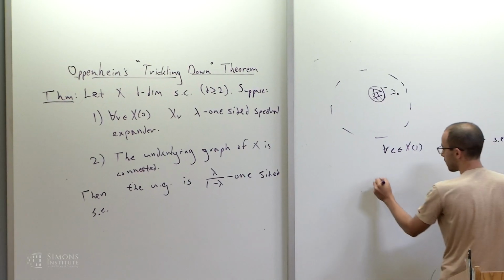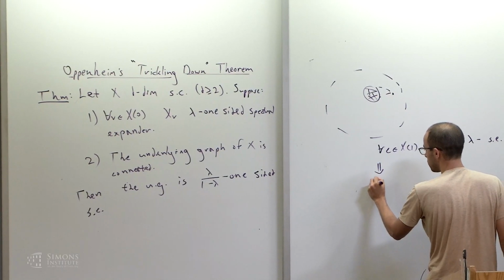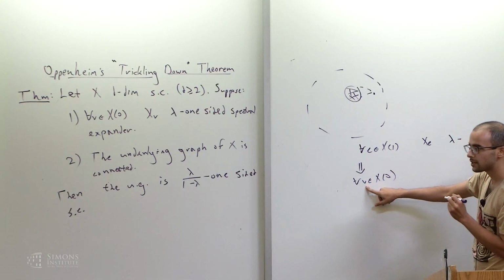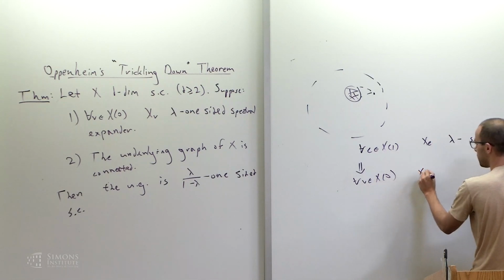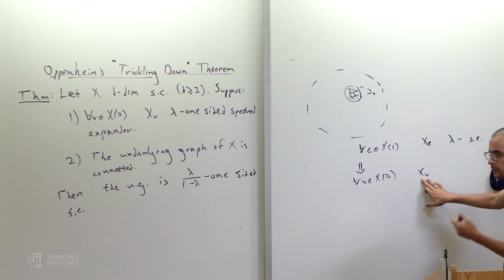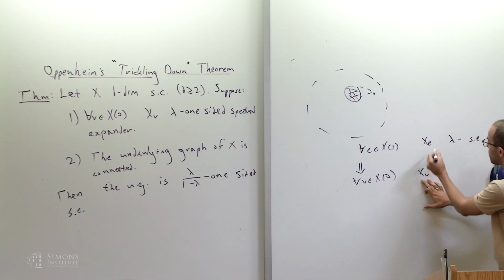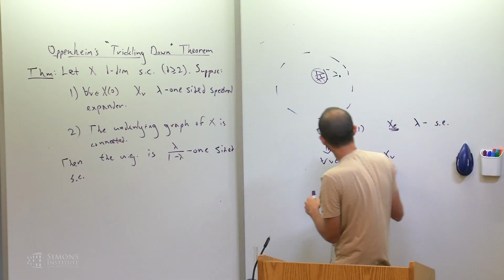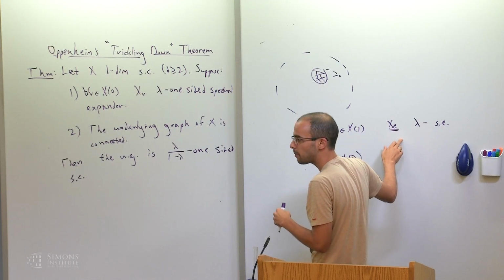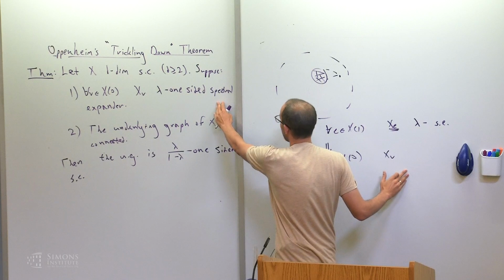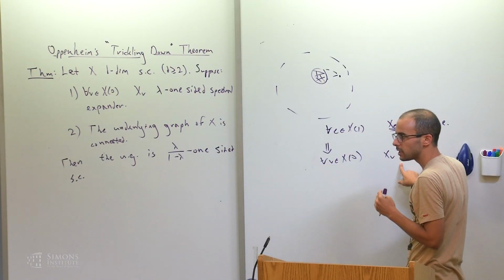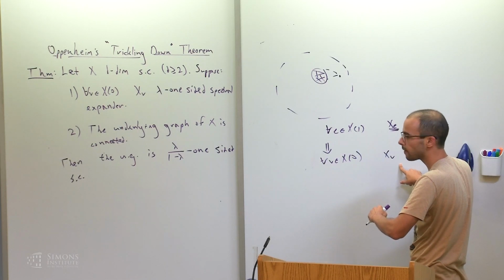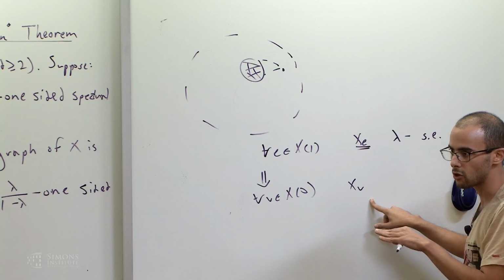Then if I take this theorem and I look at links of vertices, if I take a vertex v and I look inside X_v, the links of the vertices inside X_v are actually links of edges in the global complex X. So when I know good expansion happens on the level of edges, I can use this theorem to infer good expansion in the links of the vertices, and then I can use this once again to get good expansion also at the global level.